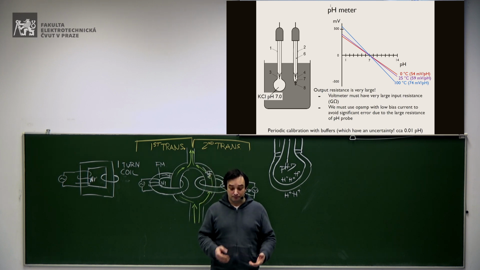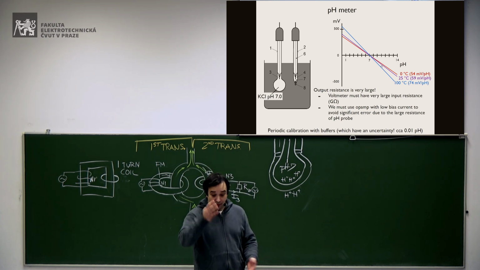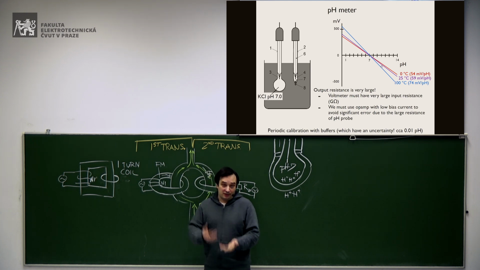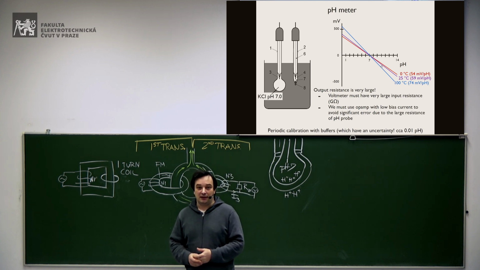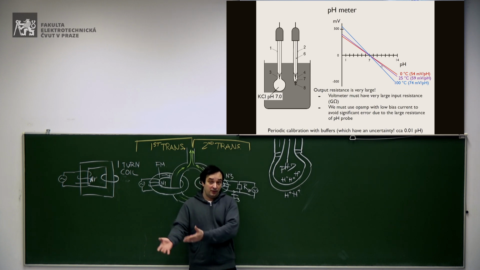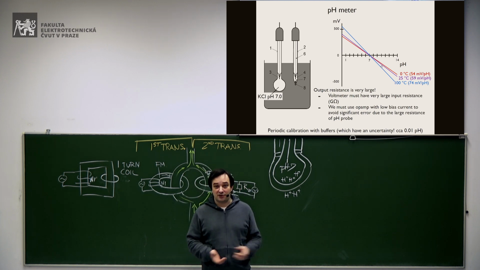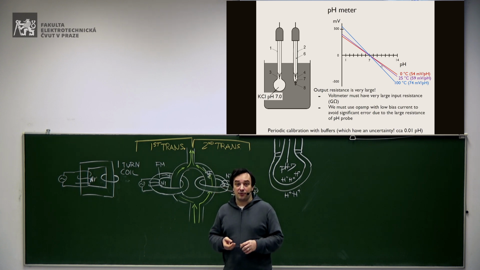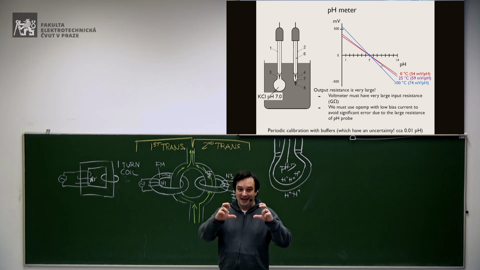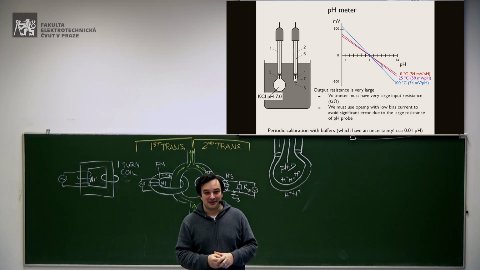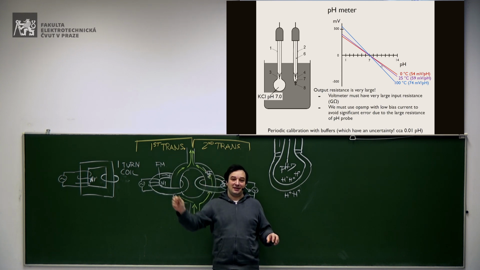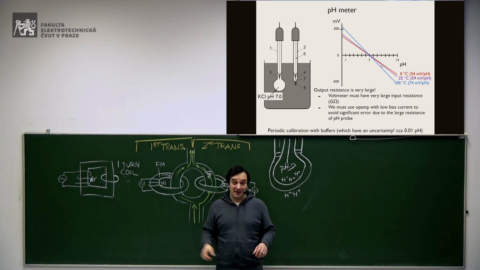So it will know that for different temperatures you have different slopes of millivolts per unit of pH, and will correctly give you the result, correcting the change of the slope for the temperature. Otherwise, you have to do it yourself. Back in the times when there were no digital pH meters, and you had some very analog system where there was nothing else than a voltmeter, where on one scale you had the millivolts and on the other scale you had the pH.